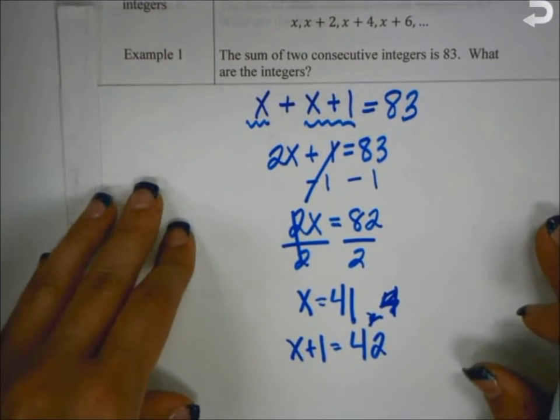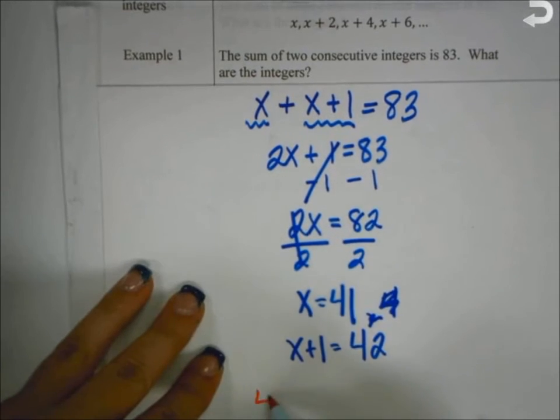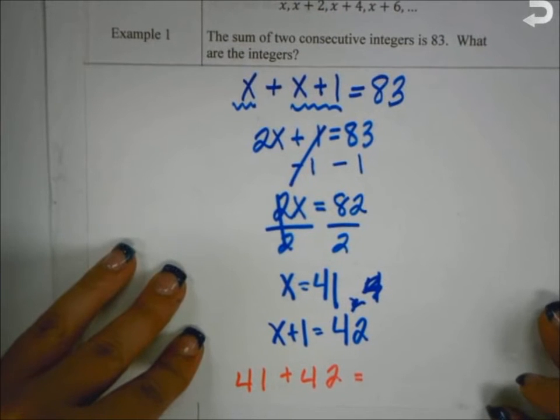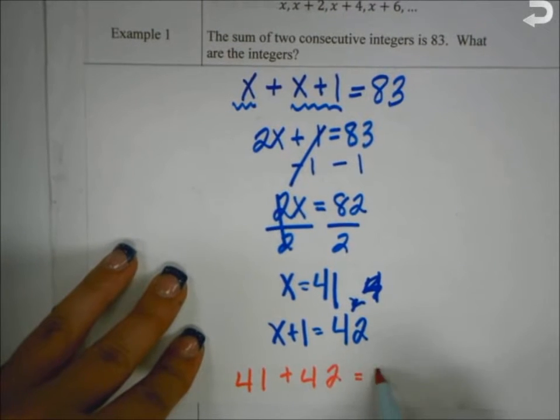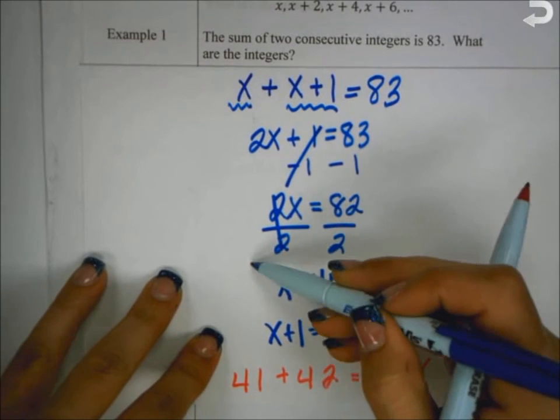Before I put it in a box, I'm going to try it. So let's add 41 plus 42. What's 41 plus 42? 83. It works. So my two integers are 41 and 42.